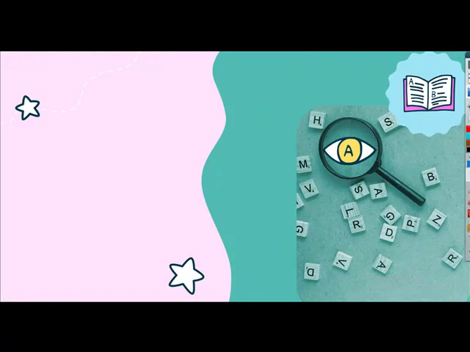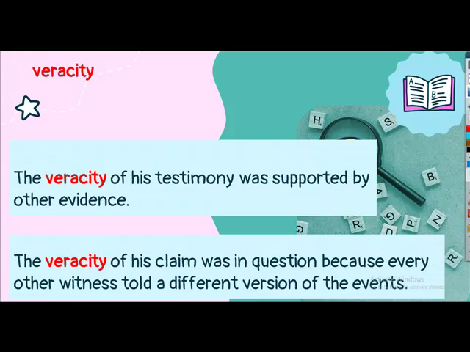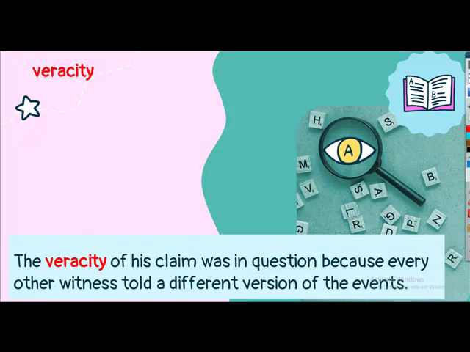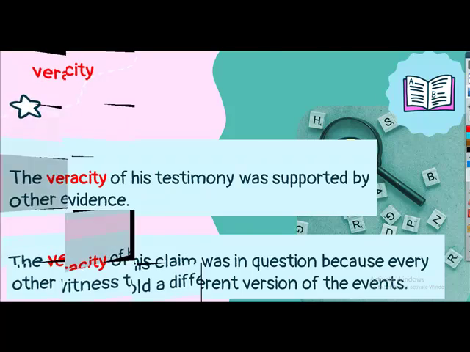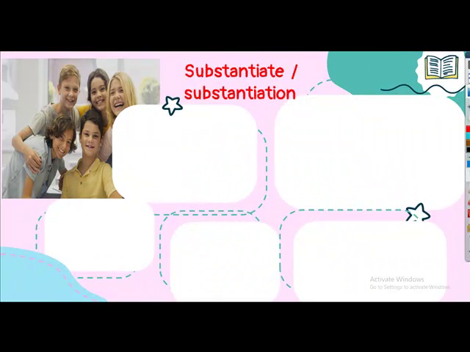Let's move to the next. Veracity. The veracity of his claim was in question because every other witness told a different version of the event. The veracity of his testimony was supported by other evidence. So, what do you think veracity means?